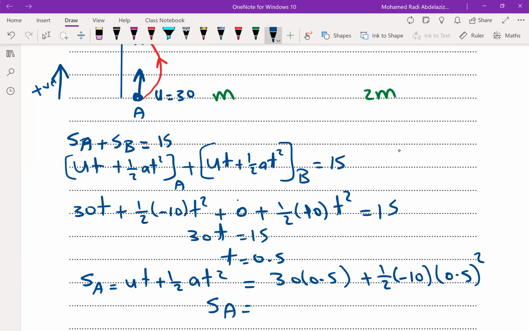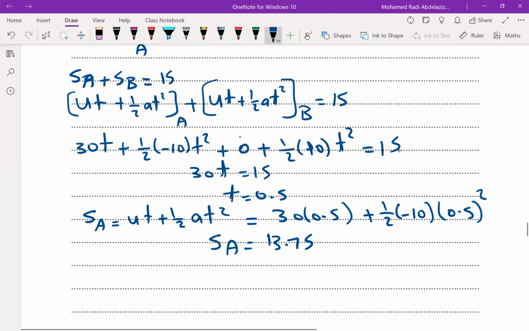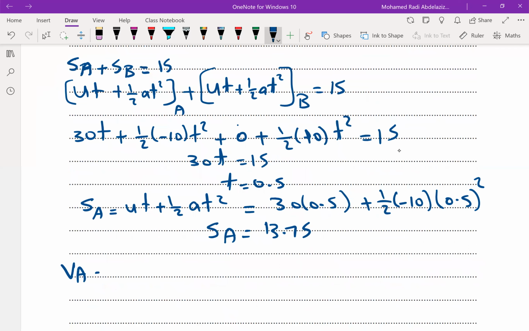Zero times 0.5 plus 0.5 times negative 10 times 0.5 squared. So the answer will be 13.75.